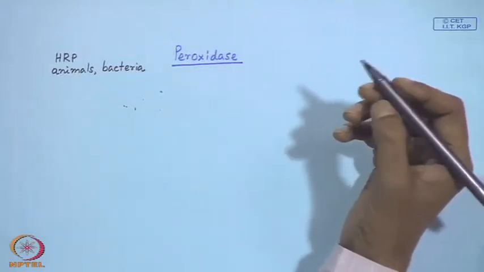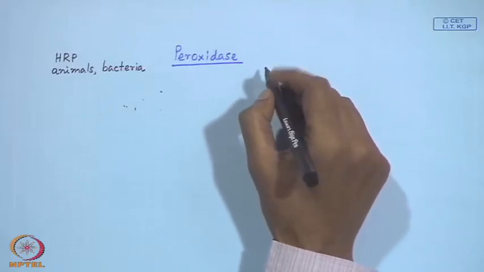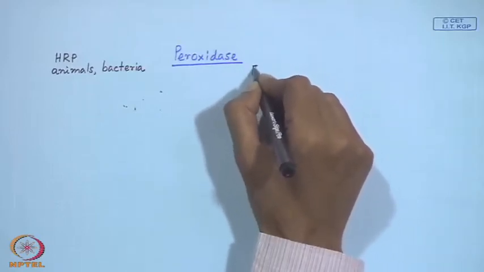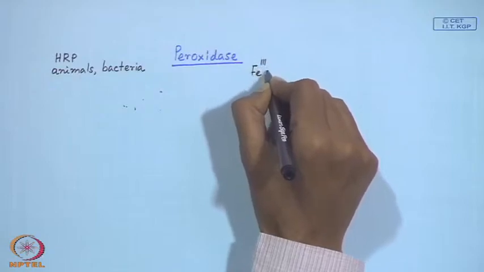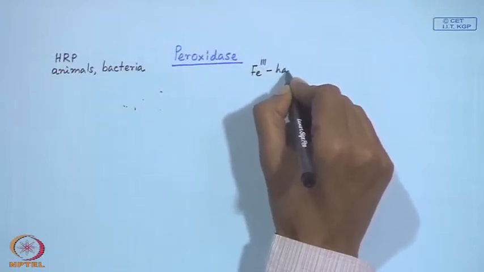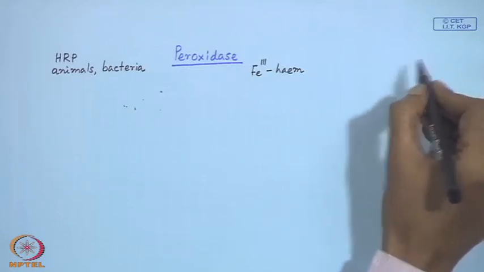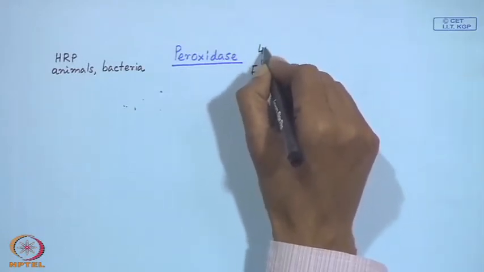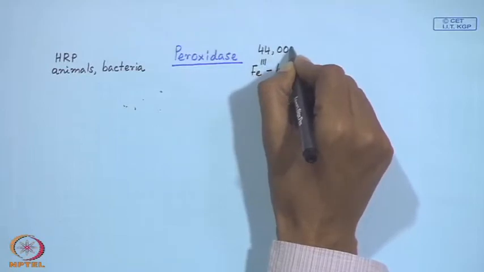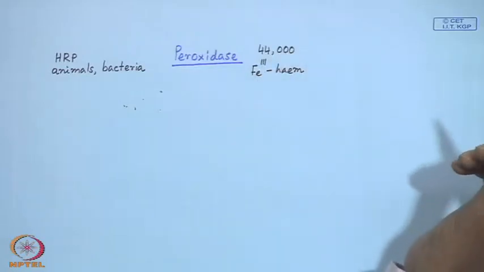These are very small molecule species, and this iron 3 heme unit in peroxidases, that means the iron 3 porphyrin unit, is monomeric, having a molecular weight of only 44,000.